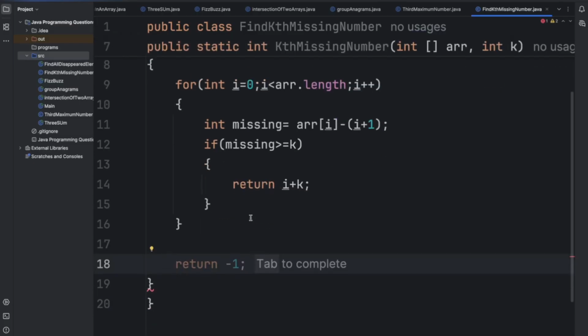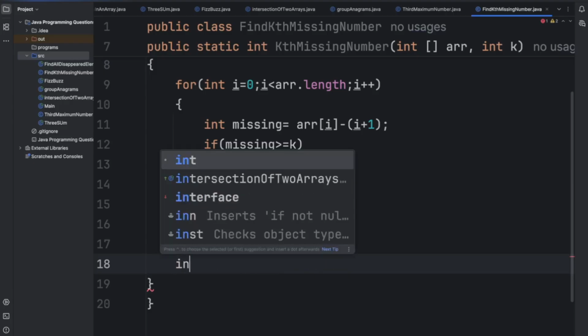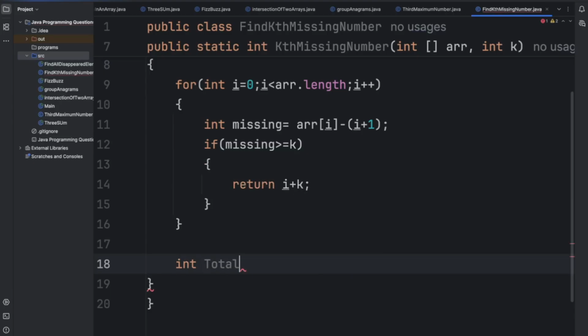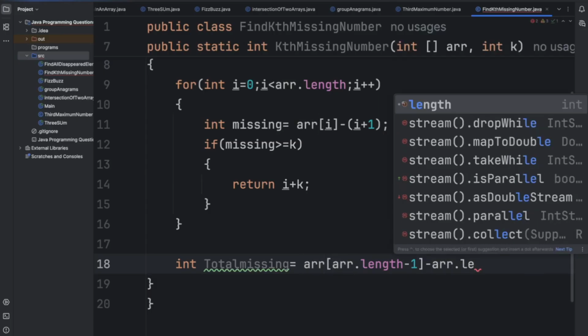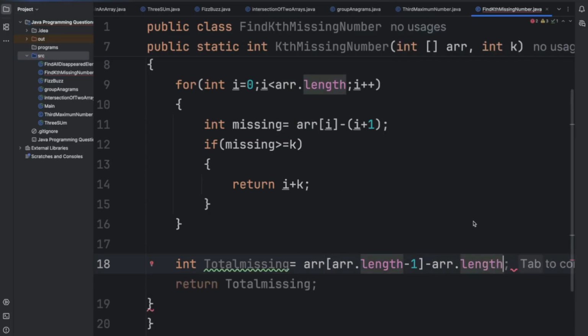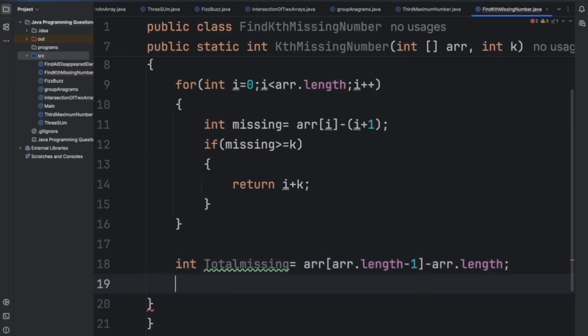Now another case where the element is after the last element in the array. That means we have reached till the end. In that case, you will first find how many total missing numbers are there in the array, which would be your last actual element minus the last expected element. What is your last expected element? Array dot length. If there are 3 numbers, that means the last number is going to be 3 only.